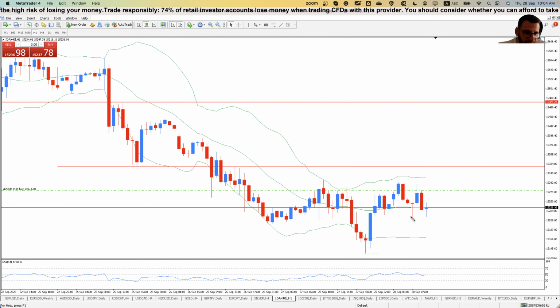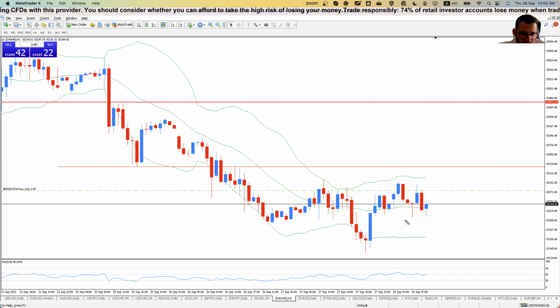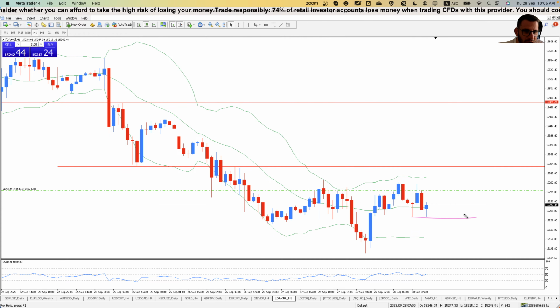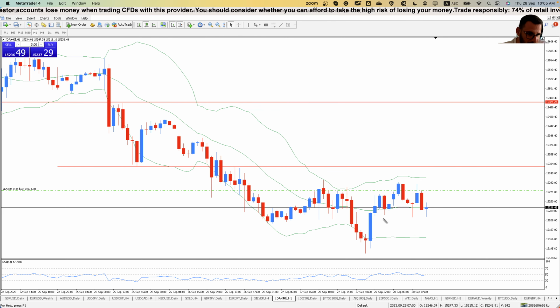If you expected a break below this support and you didn't close your trade in a market that doesn't have an imbalance between buyers and sellers, then it's very low probability that over 100 trades you replicate the same behavior, the same strategy, and you're going to have a good outcome.